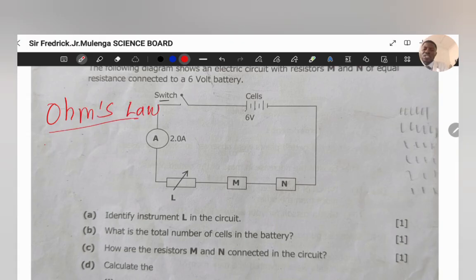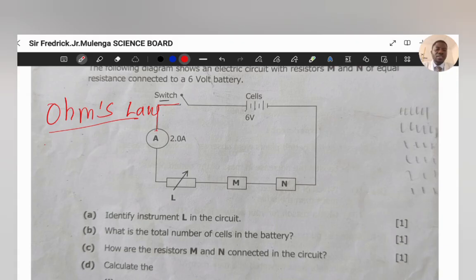So what does Ohm's law say? Ohm's law states that the current flowing through the wire is directly proportional to the voltage and inversely proportional to the resistance.